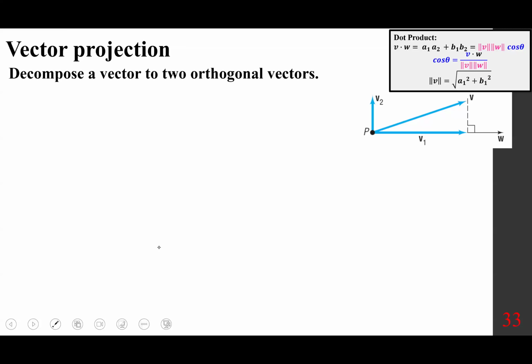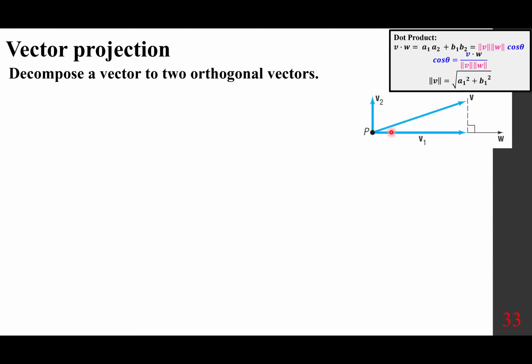Vector projection. Again, remind you of the dot product. Decompose a vector to two orthogonal vectors. So think about this. If you have this vector, drop a perpendicular along the x-axis, drop a perpendicular along the y-axis. These two are the components, horizontal and vertical components.